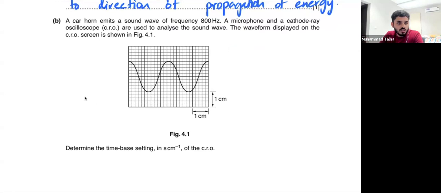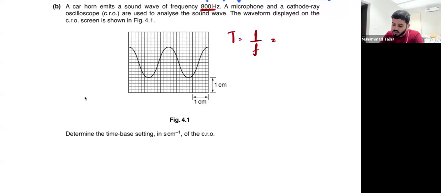Guys, what's the answer to this one? Frequency is 800 hertz, right? So I can find the time period. I'm asked for the time base setting. So the time period is the time base times the horizontal divisions.